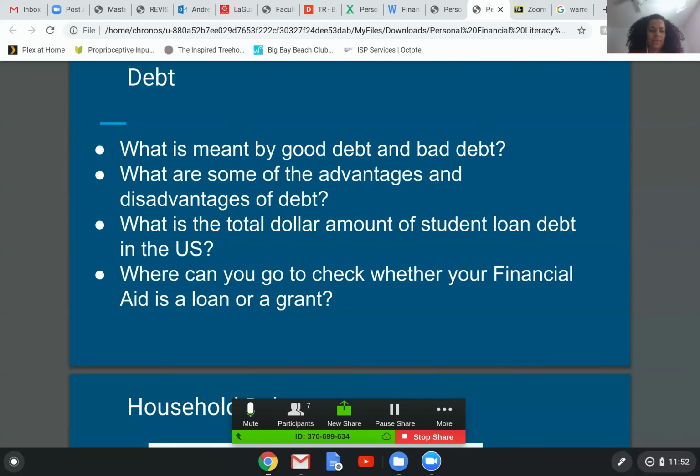And so you're stuck with debt that you may not have the capacity to pay back in good time. So even when you consider taking on student loan debt, you want to think about how much debt you're willing to take on, what the interest rate is, and how you will be able to pay this back at the end.